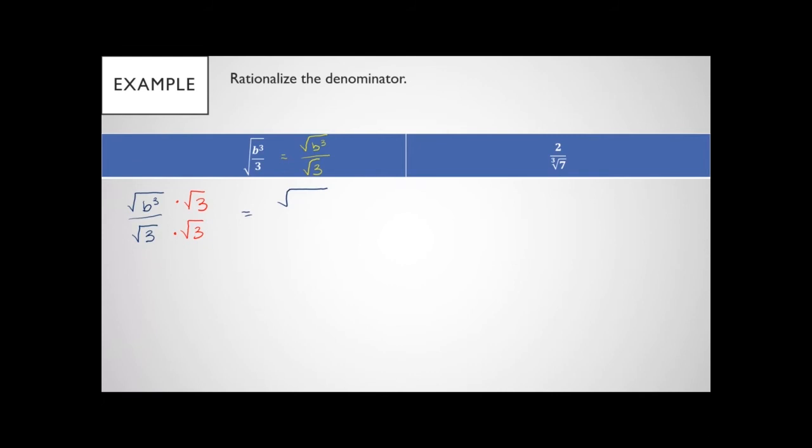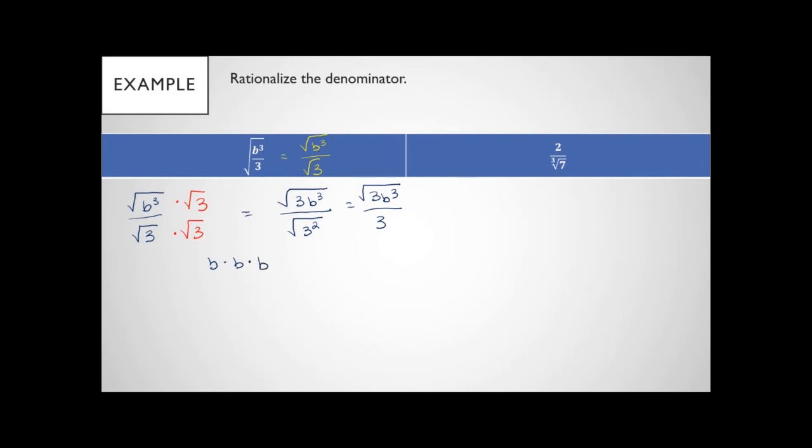And then I will just go to the right here. So I have the square root of 3b cubed. And then we have our square root of 3 squared. Square root of 3 squared, that cancels. We're just left with 3. So now we have this b cubed thing, which is b times b times b.